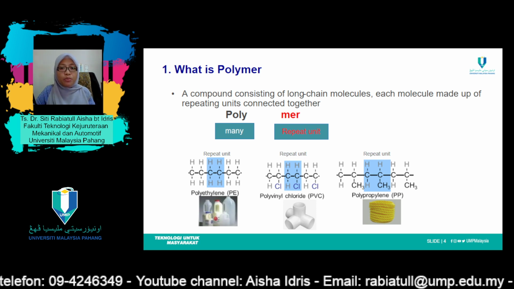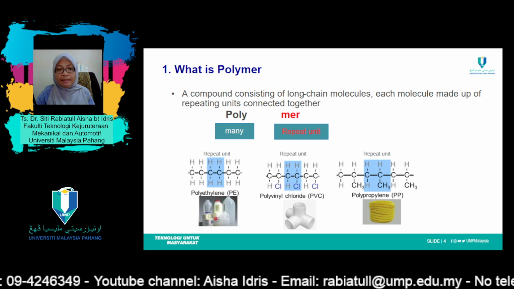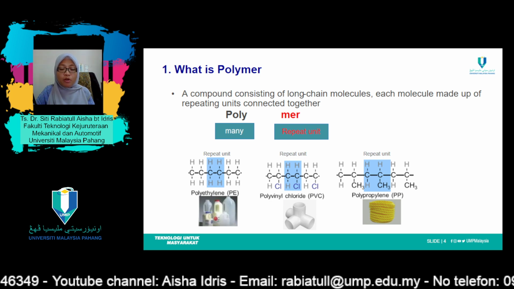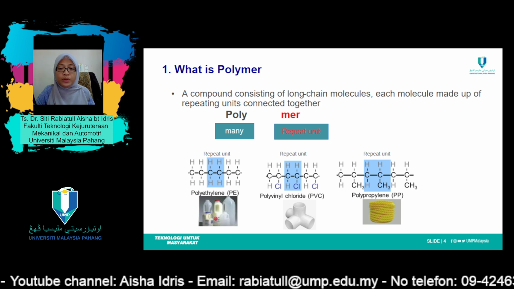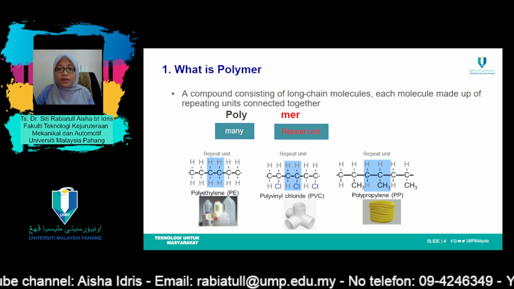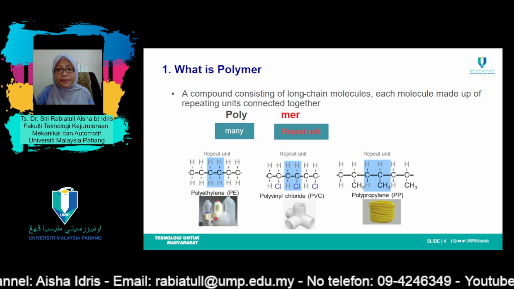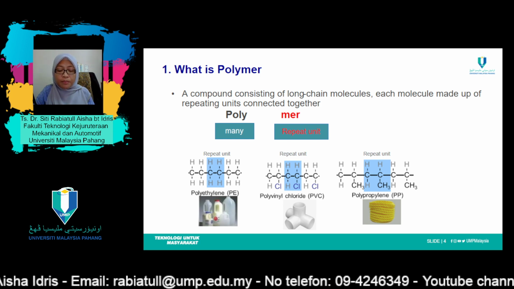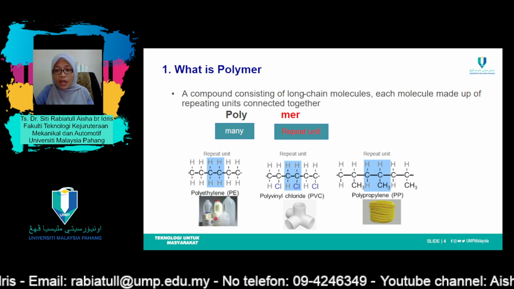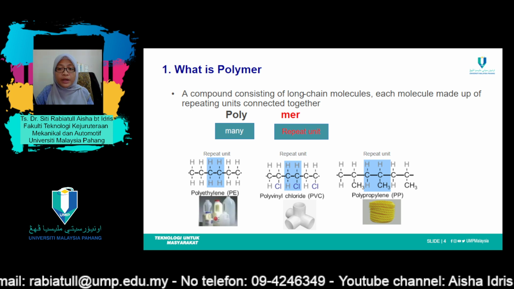The word polymer itself designates an unspecified number of monomer units. Poly means many, whereas mer is for repeated unit.